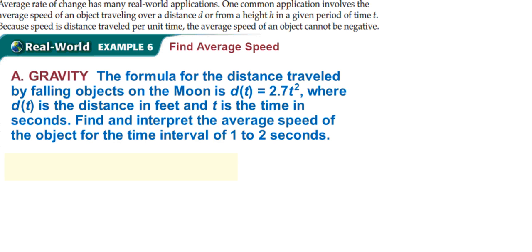I'm just going to tell you that there's two problems in this related to this equation. So I think we'll do this one a little bit differently. This is d of t equals 2.7 t squared. I will need some calculator help. So it's along the interval from 1 to 2.